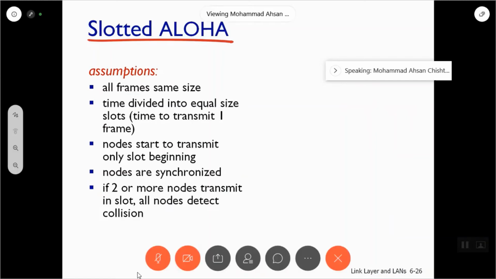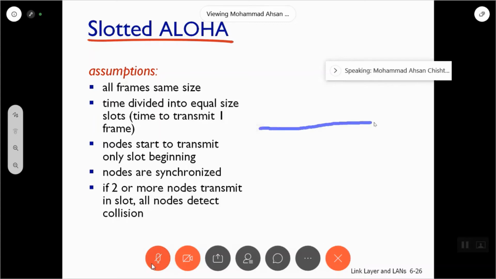You do not break a frame and send half a frame in one time slot and half in another. Another thing in slotted Aloha is that you have broken the time as per frames and you send each frame at the beginning of the time slot.